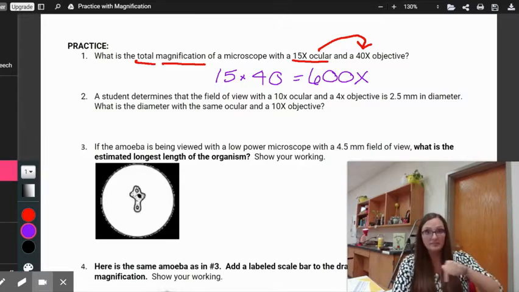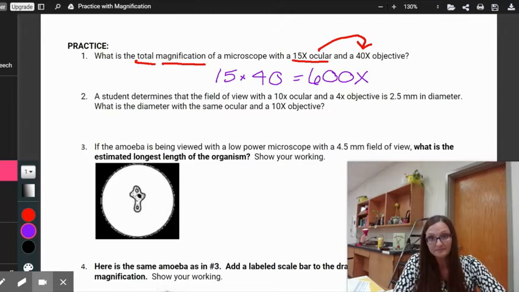And then the ones at the bottom that can spin have separate magnifications on them, and they are called objective lenses. And so they vary in strength, and so you have low power, medium power, and high power on a regular compound light microscope that you would encounter here at school, or even in most college programs.